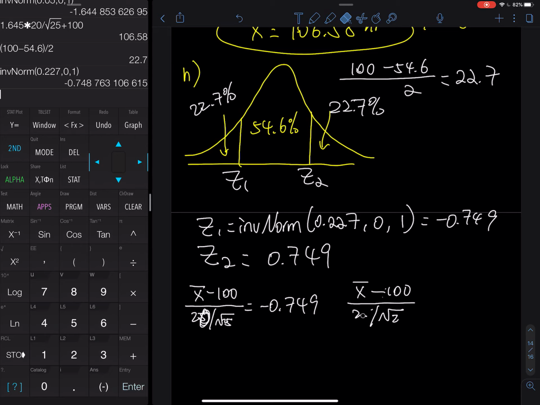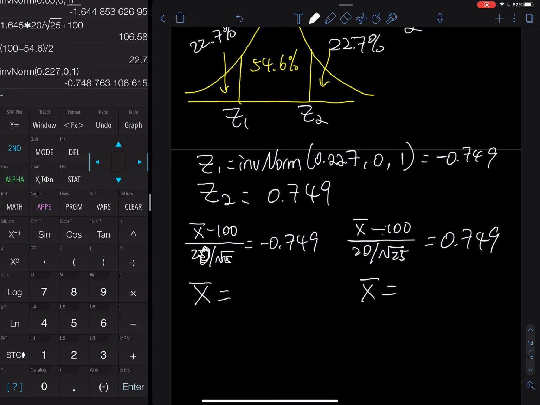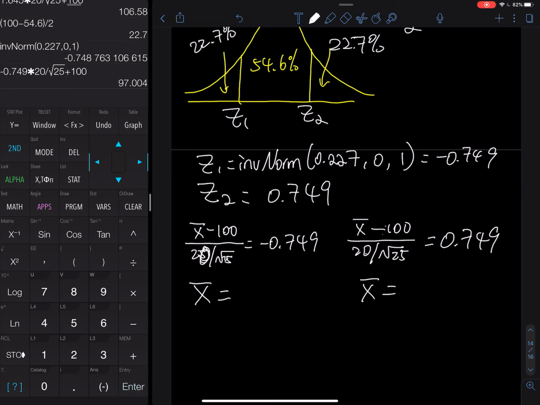So this is 20 divided by root 25 equals 0.749, and then do the negative first, times 20 divided by the square root of 25. Looks good. And then do a shortcut.